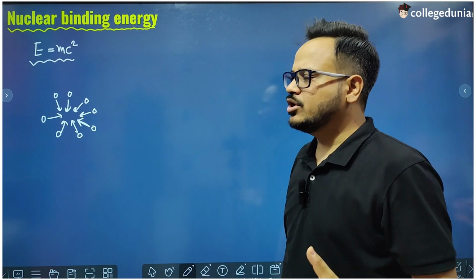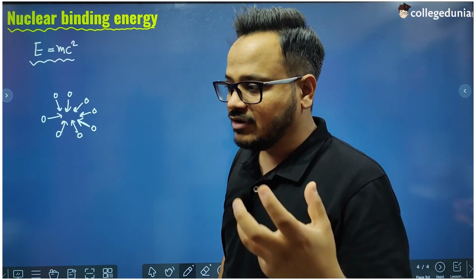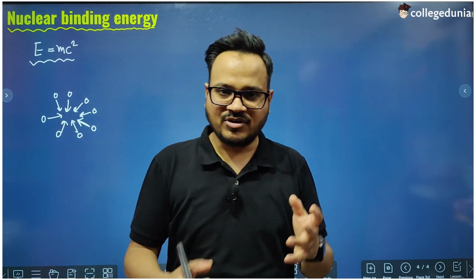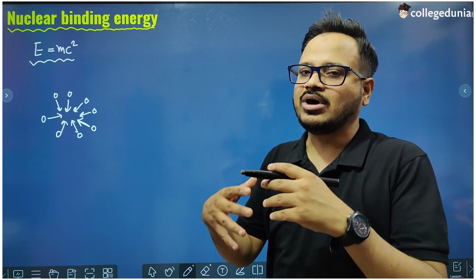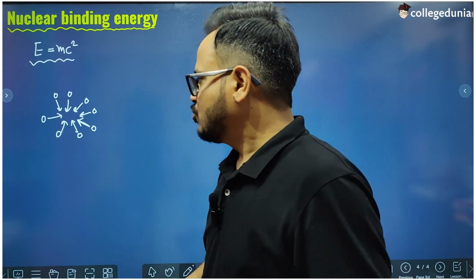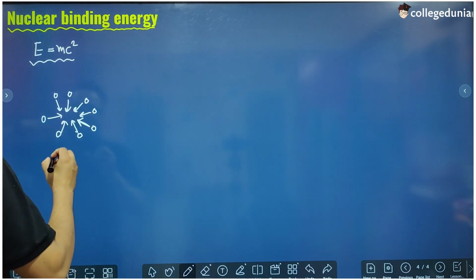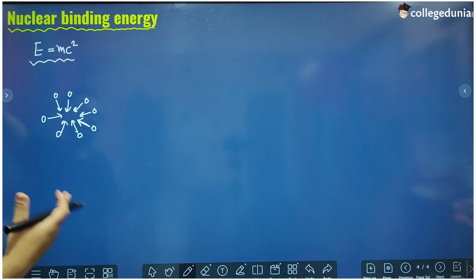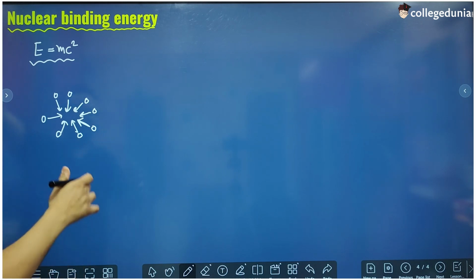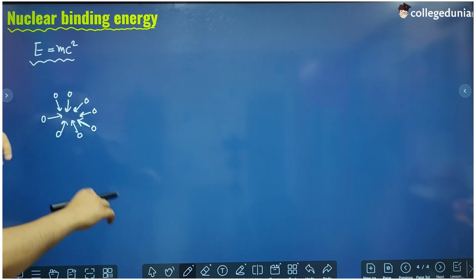But neutrons are not going to repel each other. So if neutrons are not going to repel each other, they are not going to attract each other either, right? So they are not going to come closer by their own, neither protons nor neutrons. So these nucleons are not going to come closer by any means.